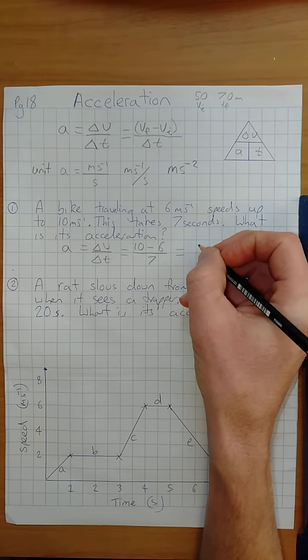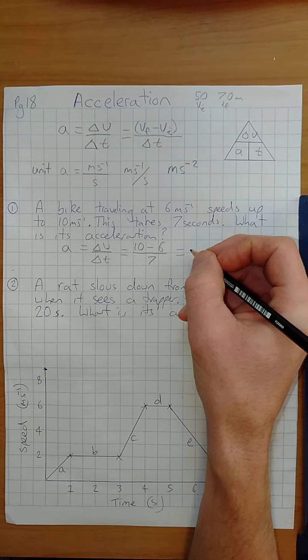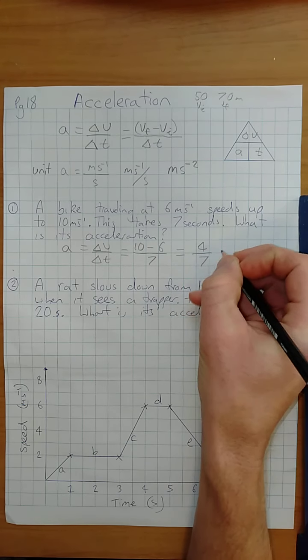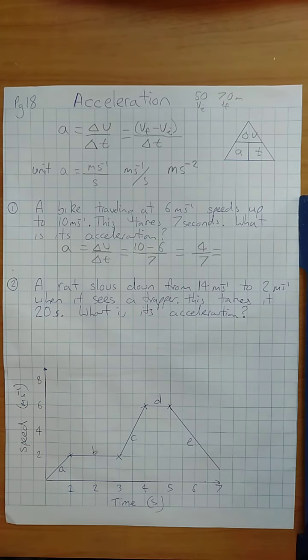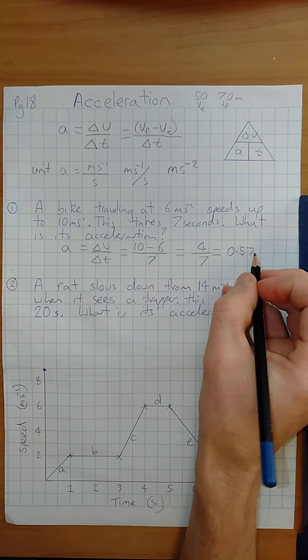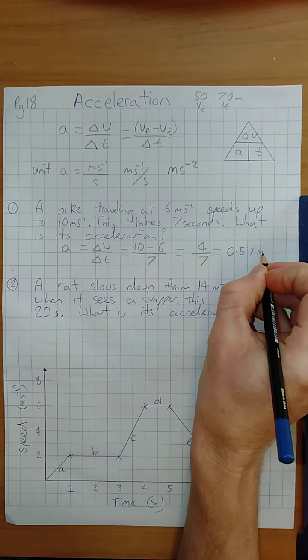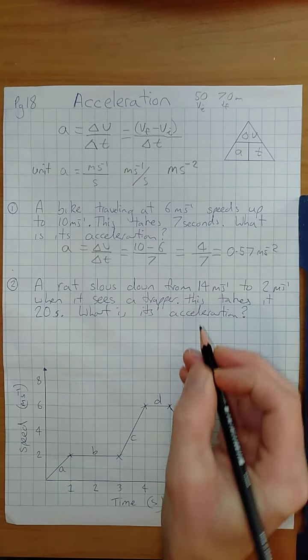So that gets changed to 10 take away 6, which is 4, divided by 7, which equals 0.57, and we need to put a unit on there, which is ms minus 2.